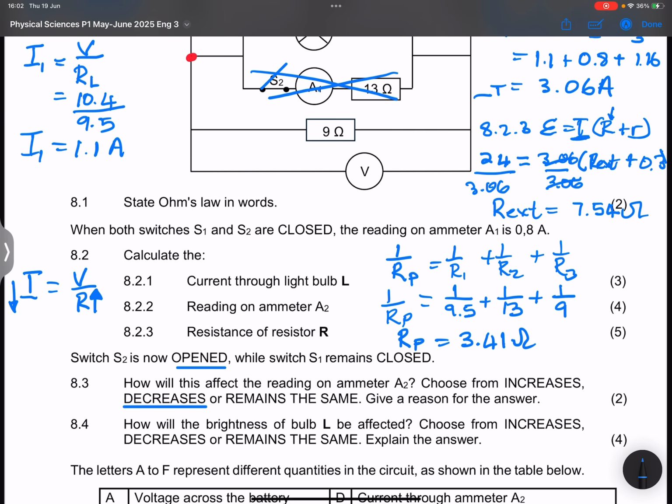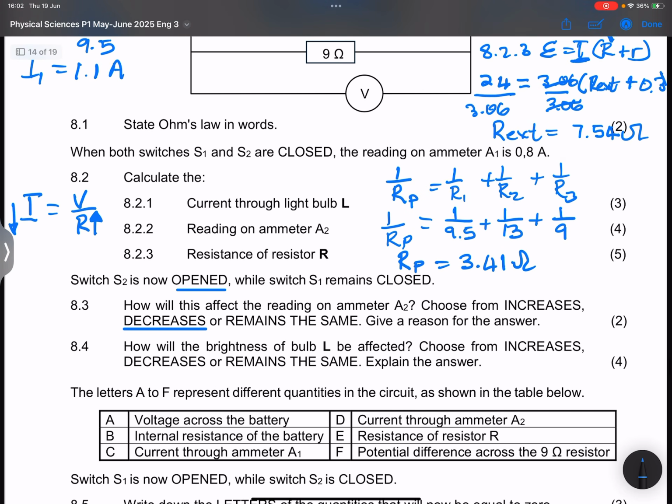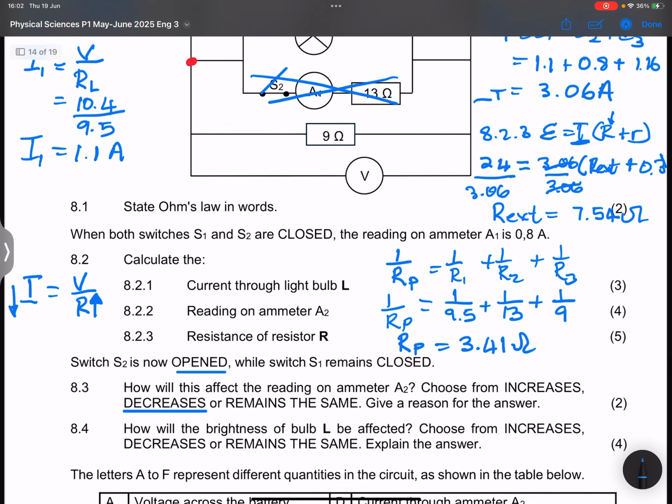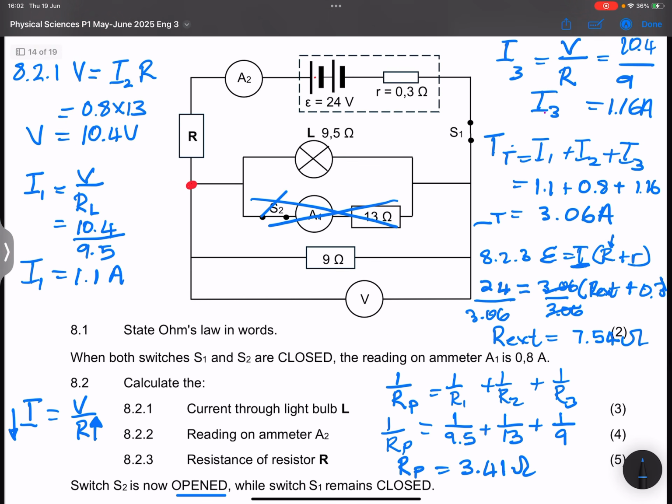Okay, right. So finally they say, how will the brightness of bulb L be affected? Choose from increase, decrease, or remain the same, and explain the answer. Right, now let's see. So what happens? We've rather decreased the current.